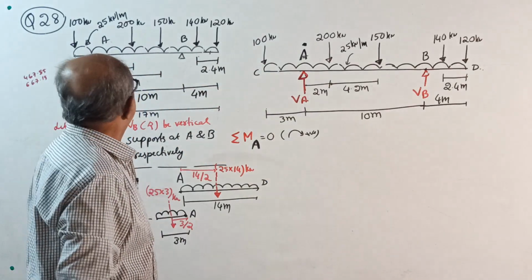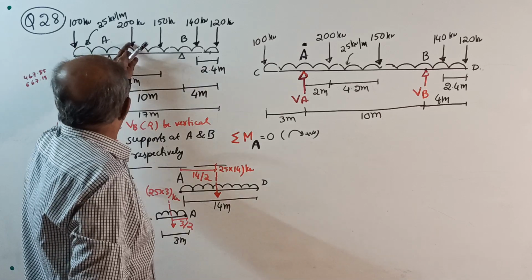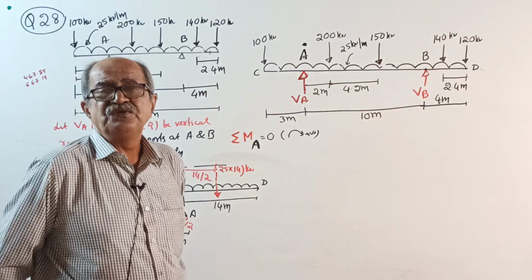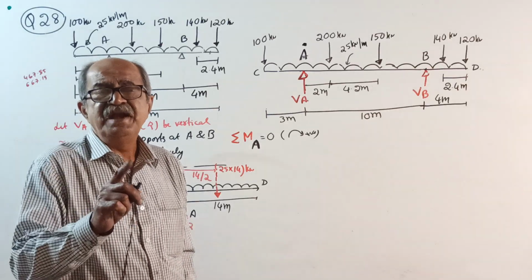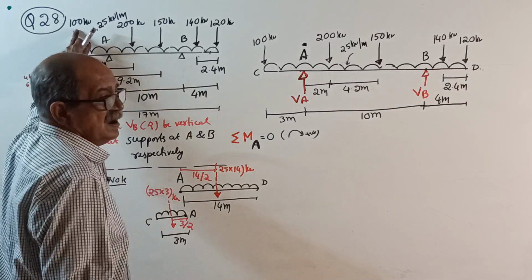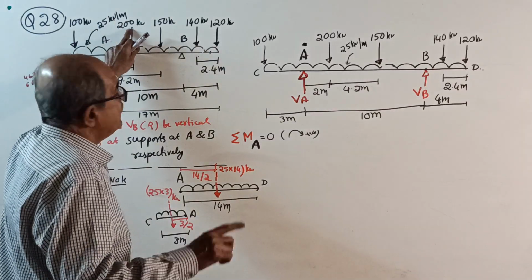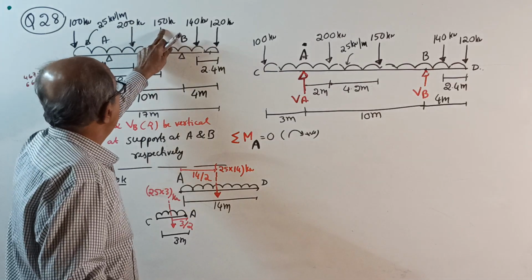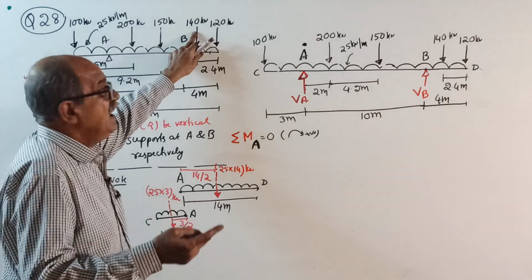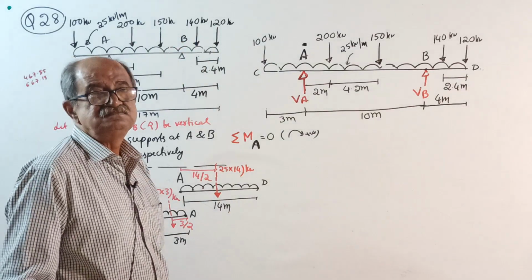Now there are 1, 2, 3, 4, 5 concentrated loads. See, order is maintained, of magnitude 100 kilonewton, 200 kilonewton, 150 kilonewton, 140 kilonewton and 200 kilonewton.